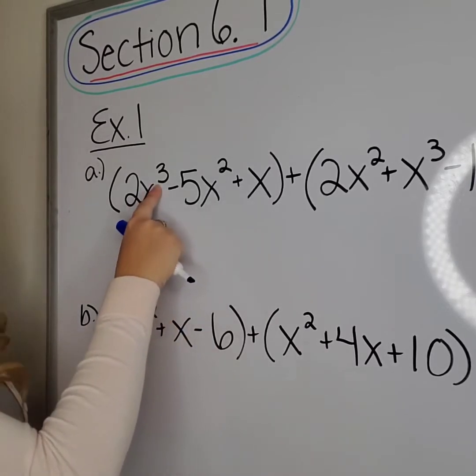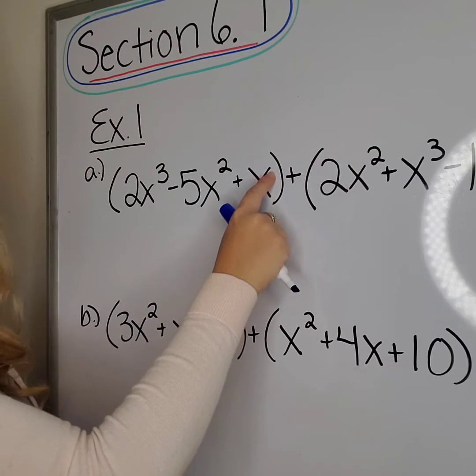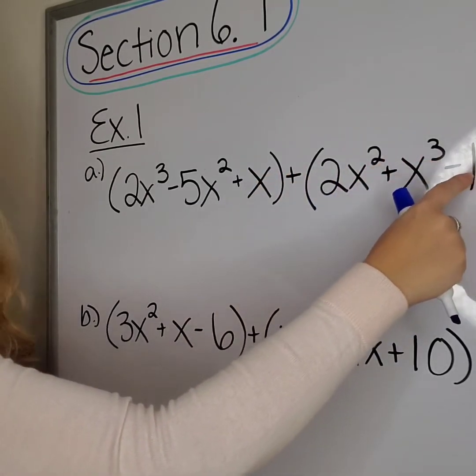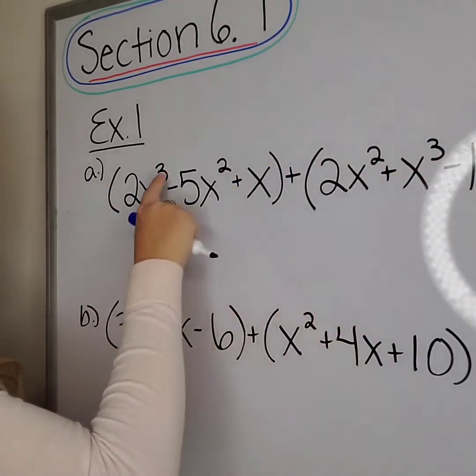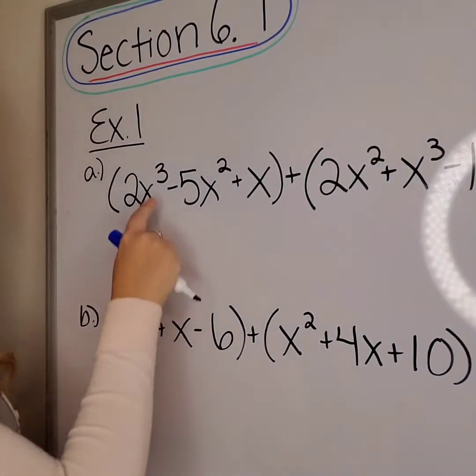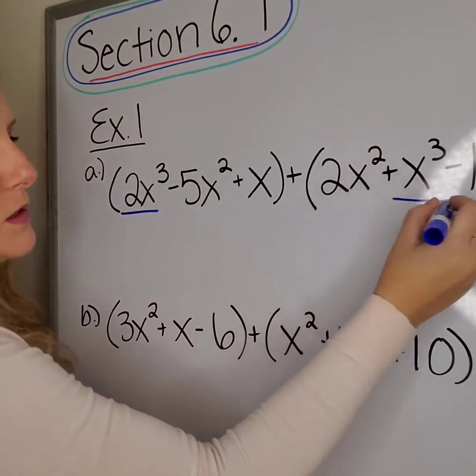So this has an x to the 3rd, x to the 2nd, no number, but we know that's an imaginary 1, x to the 2nd, x to the 3rd, and this doesn't have an x at all. So I see the largest exponent I have is x to the 3rd. I'm only looking at the small little exponents right now. X to the 3rd goes with x to the 3rd. So this one goes with this one.